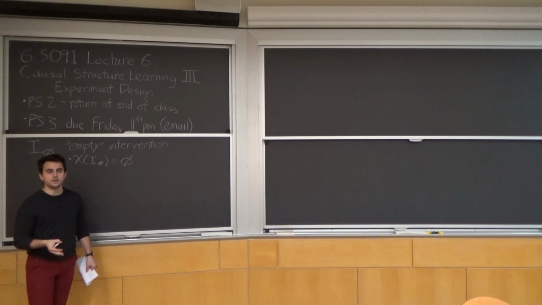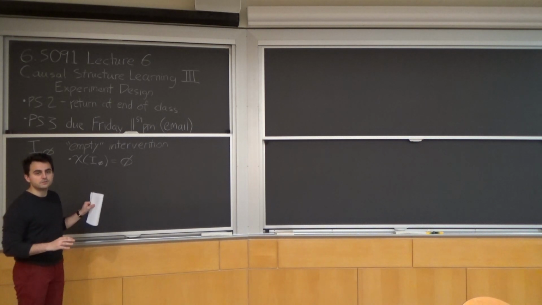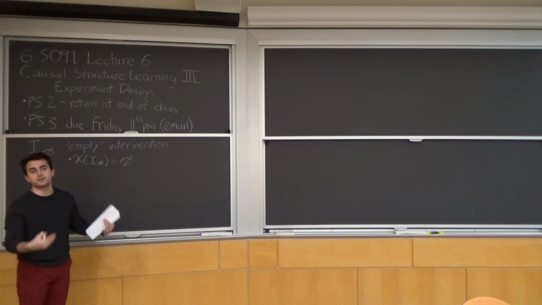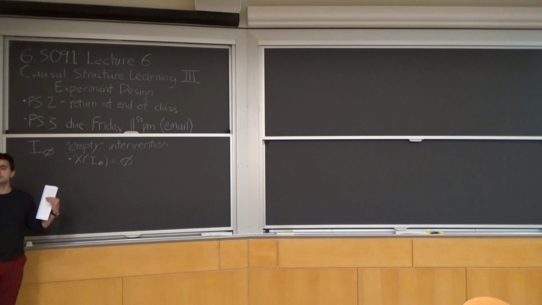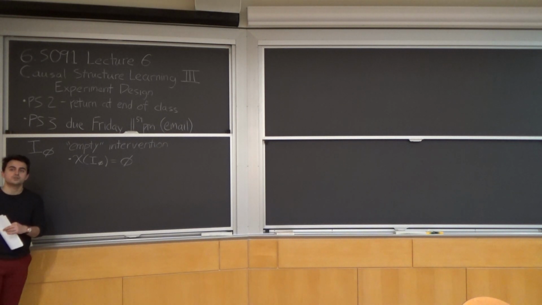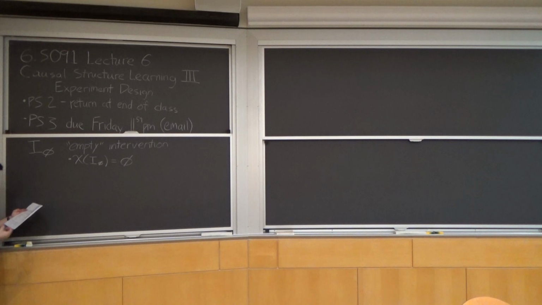So real quick, I'm going to define a little bit more loosely than I did for the single node intervention case, basically this extension to when we have multiple interventions, because we're going to have to keep track not just of an observational distribution and an interventional distribution all at once, but an observational distribution and a set of interventional distributions.